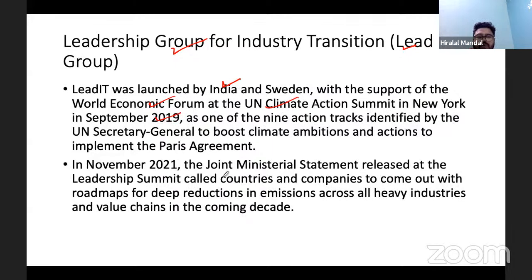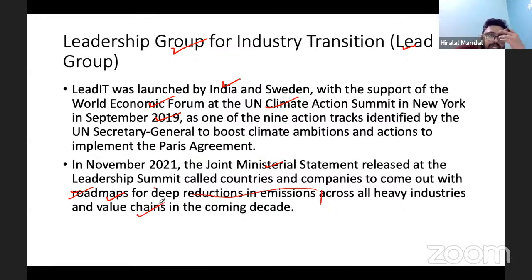A joint ministerial statement was released at the leadership summit, which aims to provide a roadmap for deep reduction in emissions across all heavy industries and value chains in the coming decade.